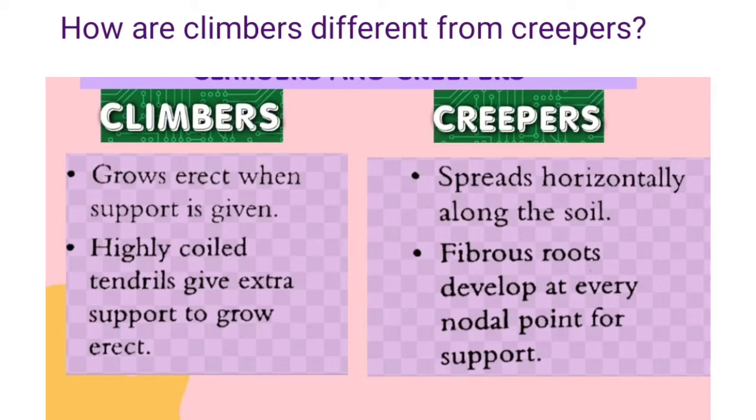Hopefully, you may have seen the plants of pumpkin, watermelons, etc. Highly coiled tendrils give extra support to grow erect to the climbers. Fibrous roots develop at every nodal point for support in case of creepers.